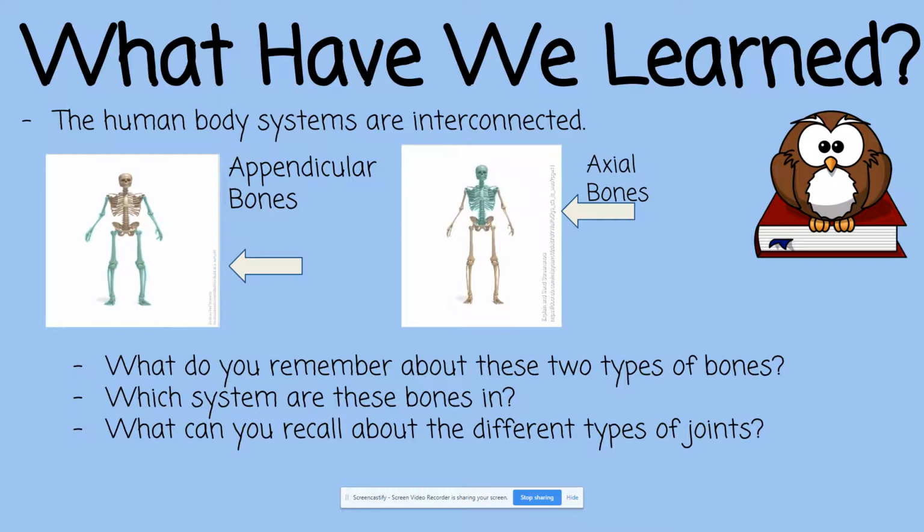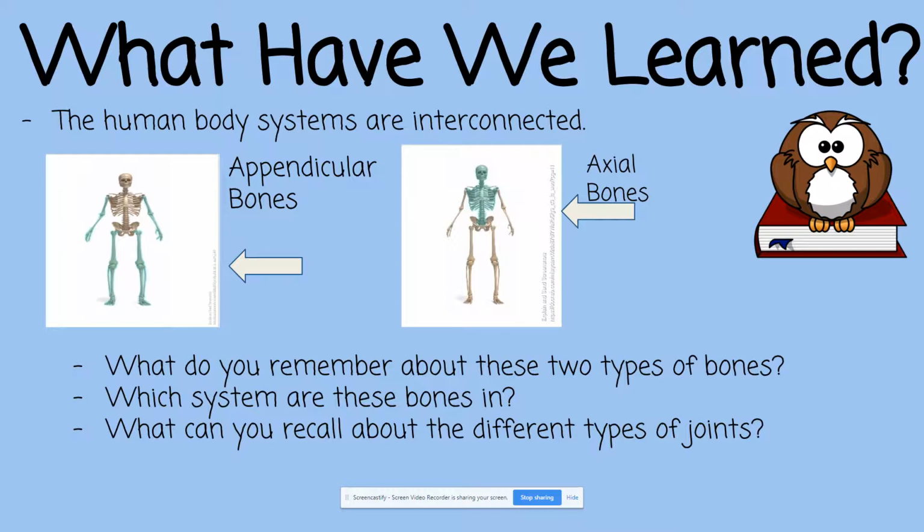We also have joints that don't move at all, and those are the joints like what we would find in our skull. Our skull is made up of a bunch of smaller bones that fuse together after you were born, and as your brain grew, those plates within your cranium fused together, but they are still individual separate bones, and those joints do not move.